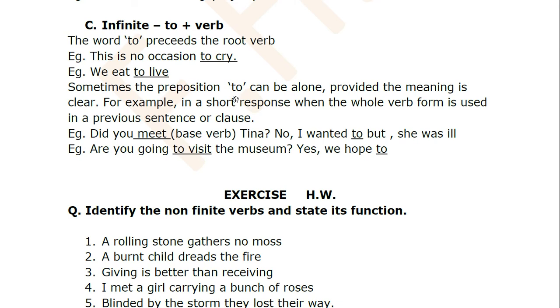Sometimes you find to alone and no verb next to it, like this: to cry. Only to will be there, cry will not be there. But when is it valid? When you have the whole verb form before this, in a previous sentence pertaining to the same subject. Not where you're talking about John and second you're talking about someone else. So you're talking about John itself in the same sentence.